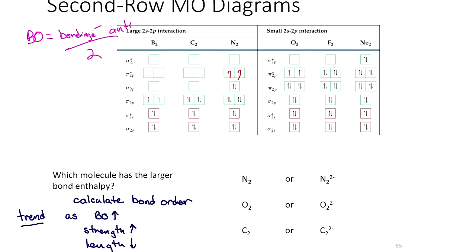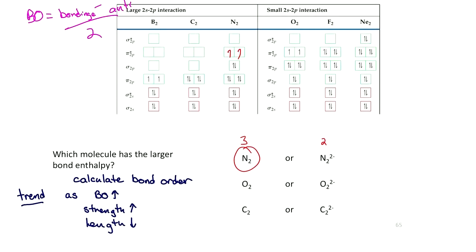So adding electrons will do what to the bond? Weaken it. So which one is stronger? The neutral one. So we didn't actually have to calculate it. We could just think our way through it. Or you can calculate it. You'll get that nitrogen has a bond order of 3 and the anion has a bond order of 2 or something. All right, we can do the same thing for oxygen.